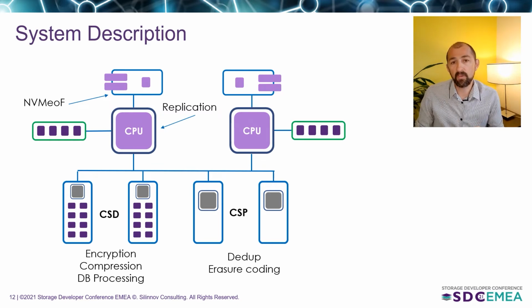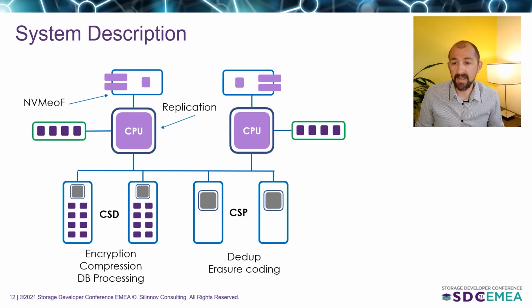The main goal was to evaluate the performance at the system level in terms of density, power consumption, and TCO. I have simulated different strategies. The workload was only on the server, or on both CSP and CSD in this system, or with CSD only.